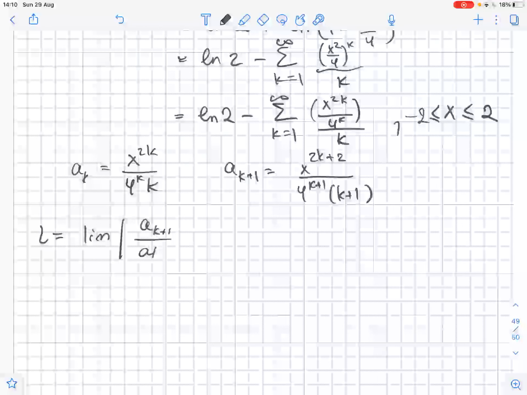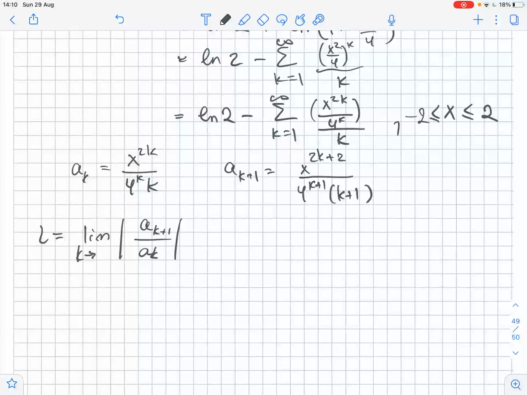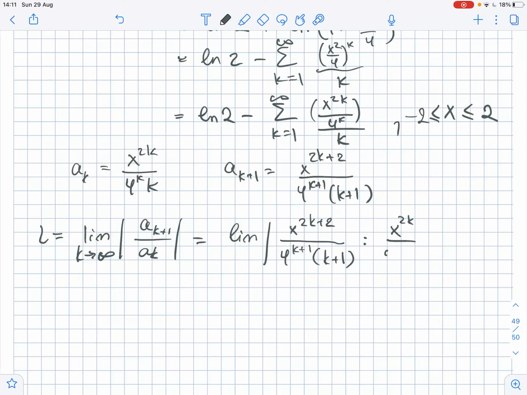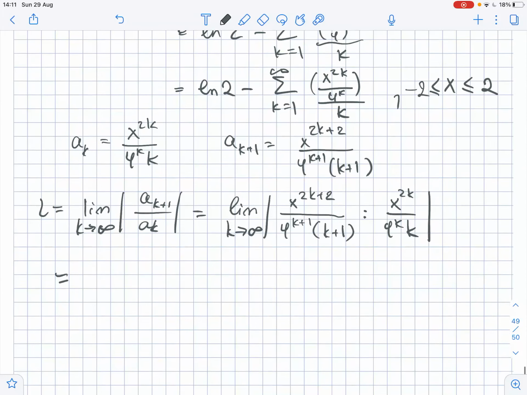Then L, which equals the limit of the absolute value of a k plus 1 over a k, where k approaches infinity, equals the limit of the absolute value of x to the power of 2k plus 2 over 4 to the power of k plus 1 times k plus 1, divided by x to the power of 2k over 4 to the power of k times k, as k approaches infinity.